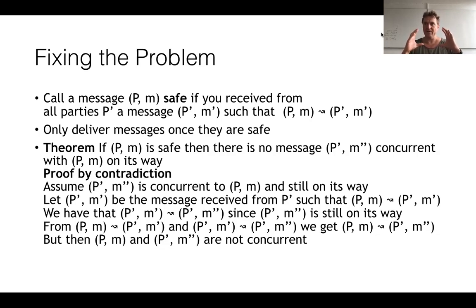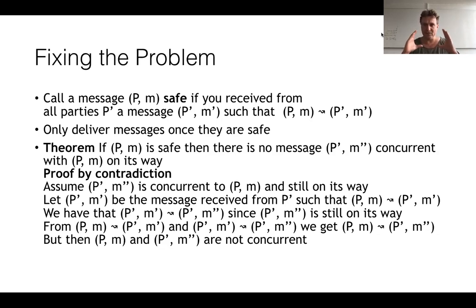Because everything that's in its causal past already arrived because we're using causal communication as the underlying network. And therefore I know how to arrange it with all those messages. I mean, they already arrived.